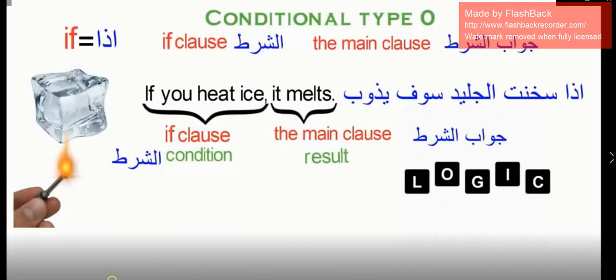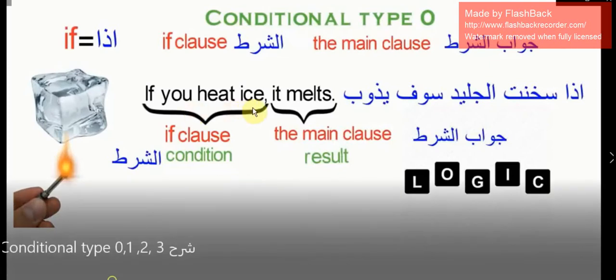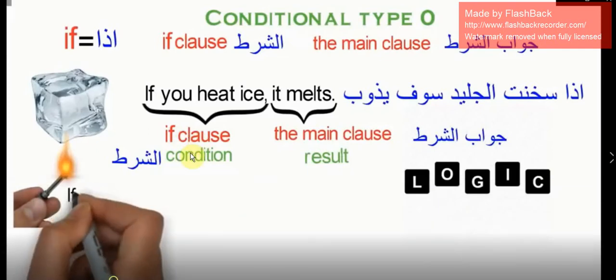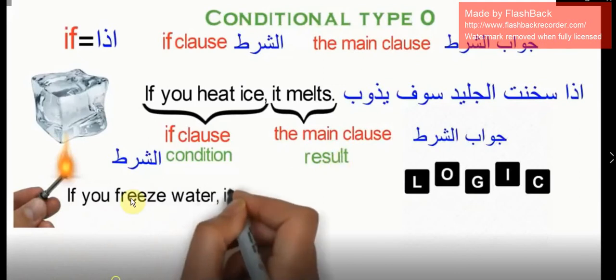If you do it in the laboratory, if you heat ice, what happens? It melts. لو سخنا الثلج أو الجليد، إيه اللي هيحصل؟ It melts. Logic. شيء منطقي. It's a fact. Now, look. If clause, condition, the main clause, result.